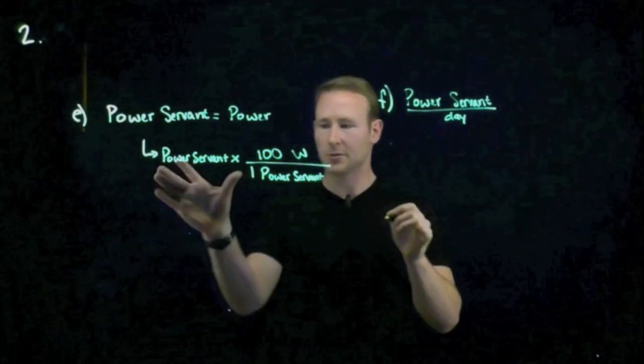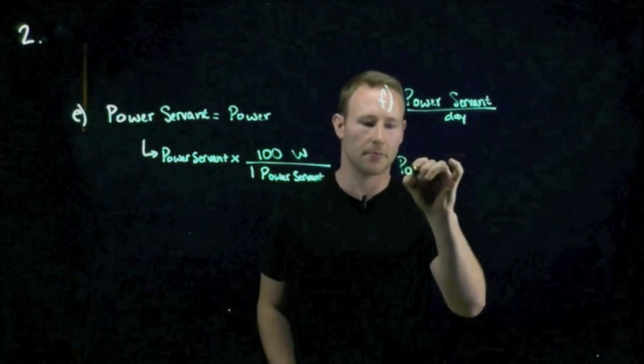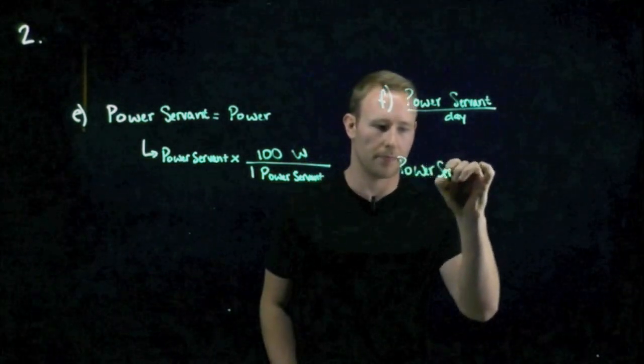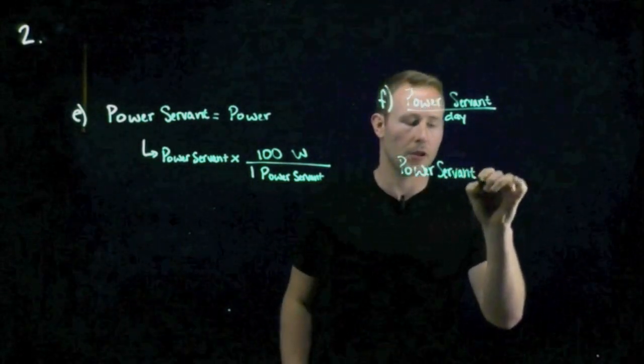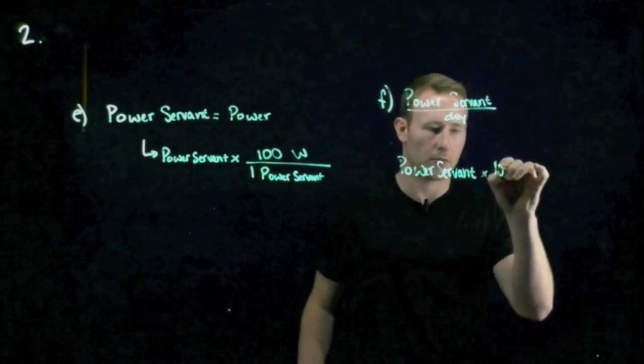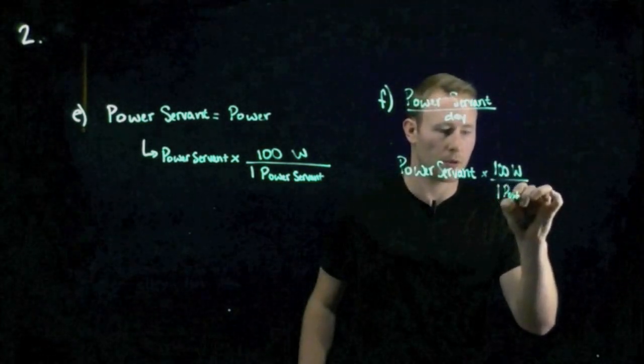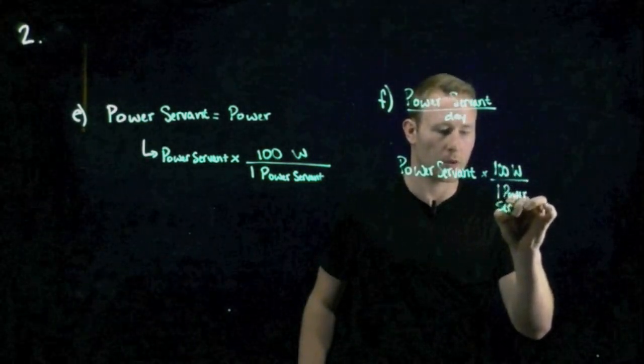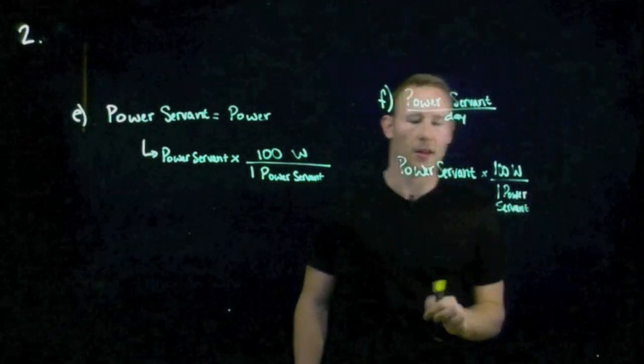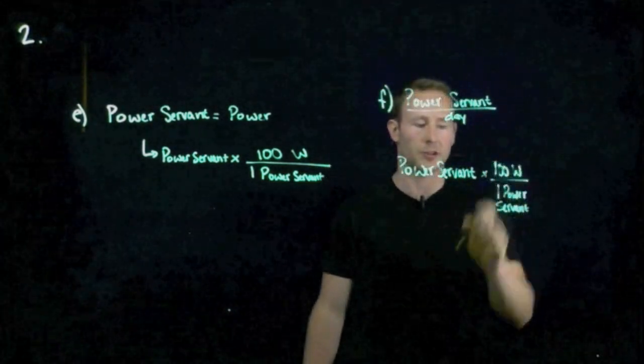So if we have a power servant as we've seen over here, I'm just going to rewrite this. Once again, I've just done the same thing. I've said that 1 power servant is equivalent to 100 watts.